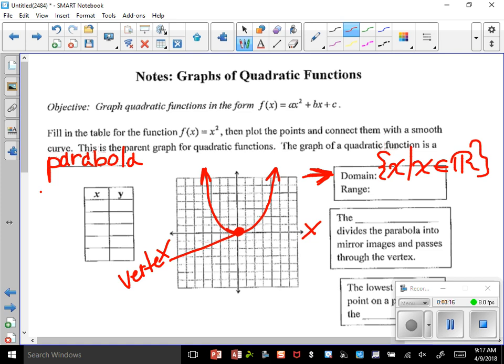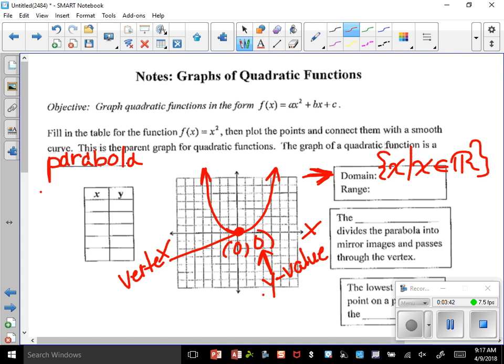Now, for the range, you basically look and see where it starts at the y. In this case, this vertex point I'm going to call 0, 0. So to get the range when it's going up or down, you look at the y value in the vertex. So this is the y value right here.